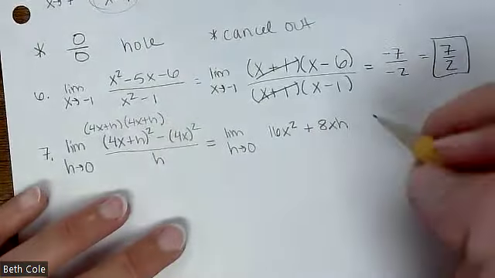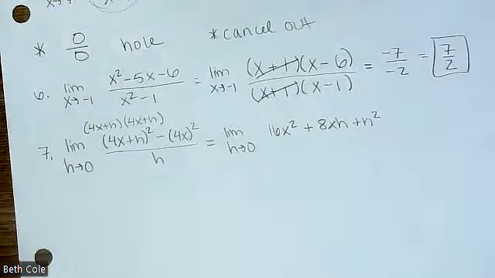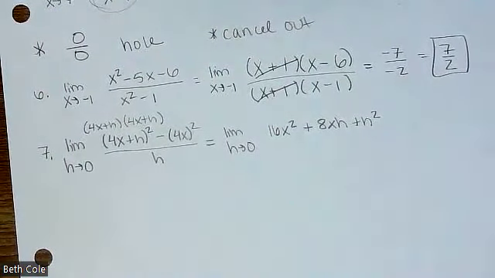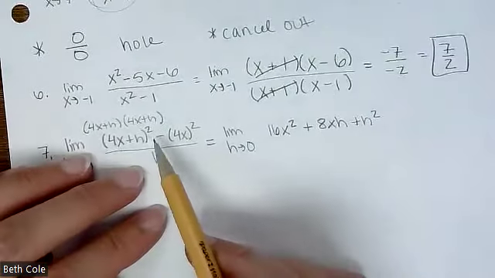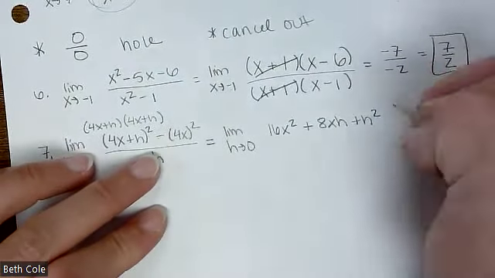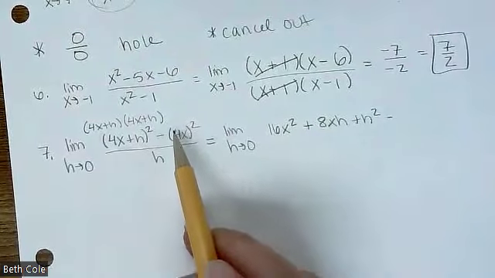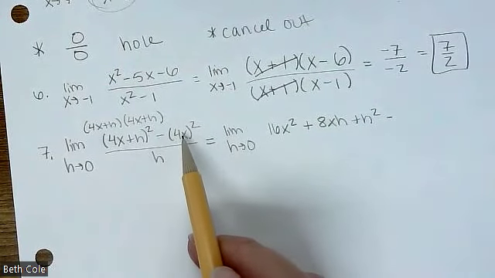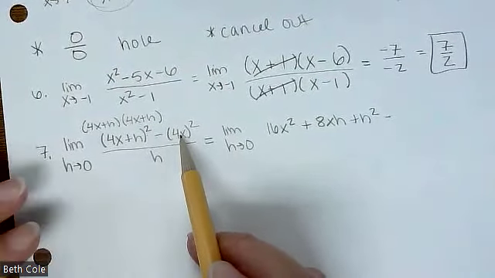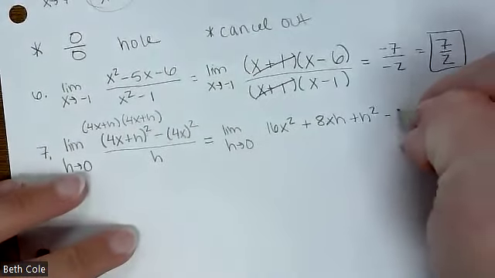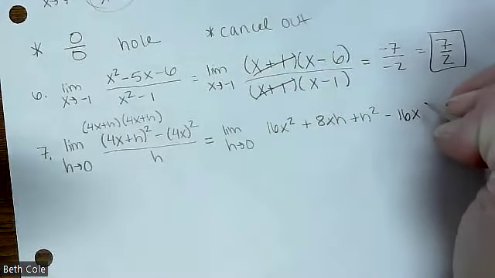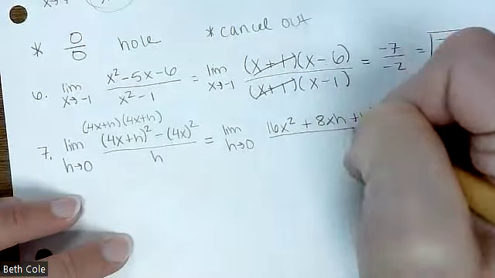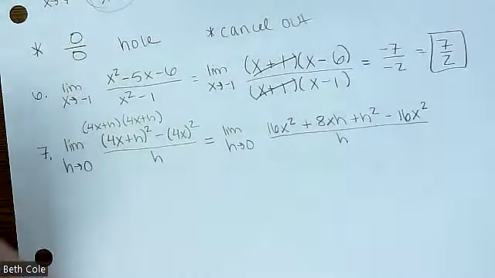And then h times h is h squared. Lots of algebra. Minus, and then if you square 4x, what are you going to get? Yeah, 16x squared. Good. And then this is over h.